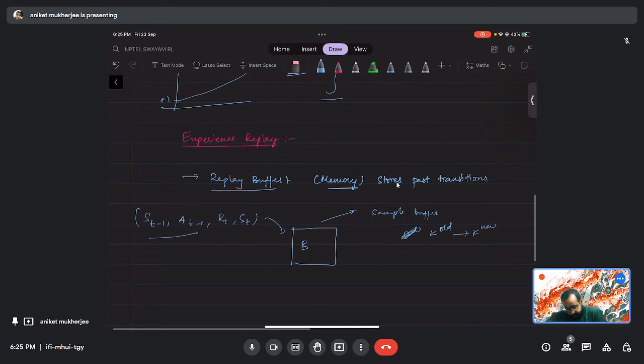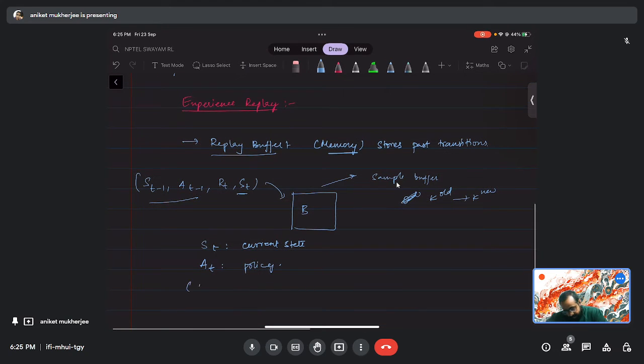Now you have S_t, this is your current state. You choose your action A_t with the policy that you are working on.